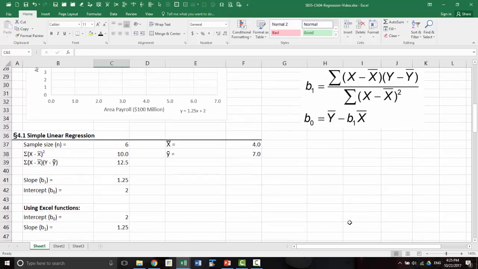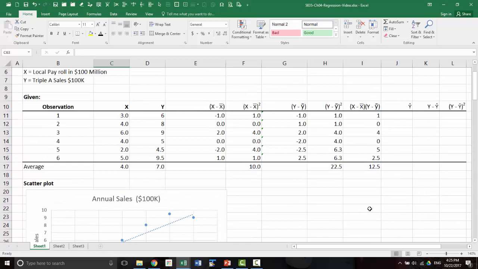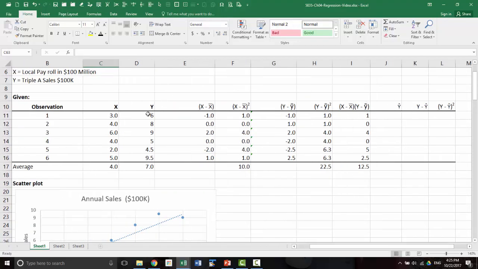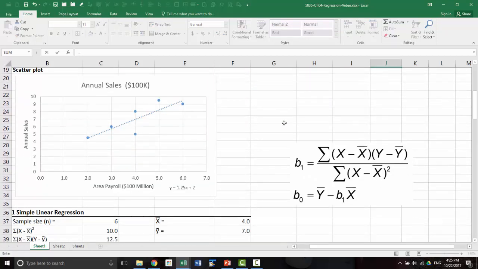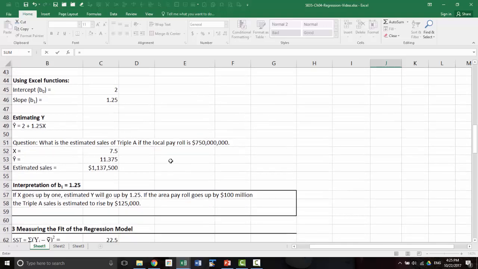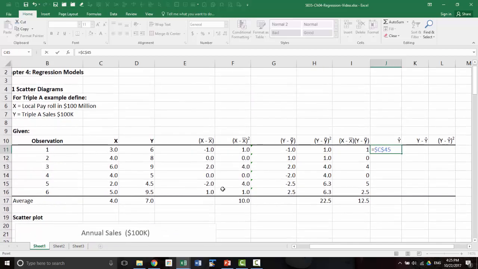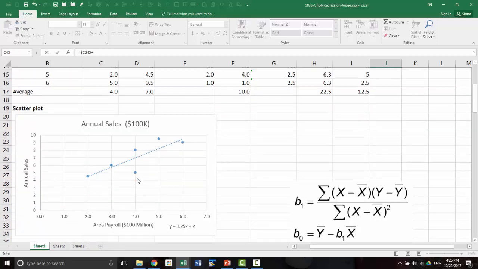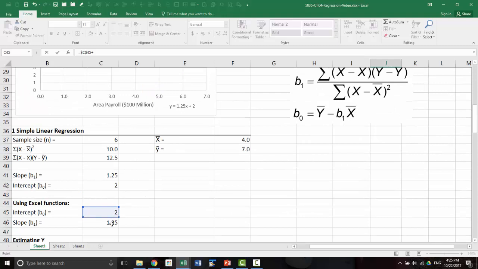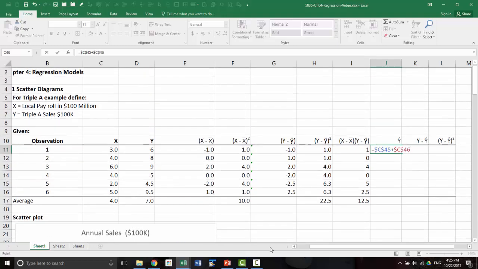Now to find SSE, we have to set up y hat and then subtract y minus y hat. Y hat is our estimated line, so y hat will be our intercept, absolute reference that, plus slope, absolute reference that, times x.